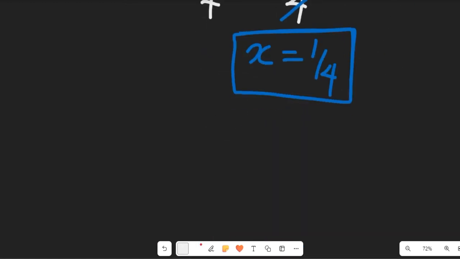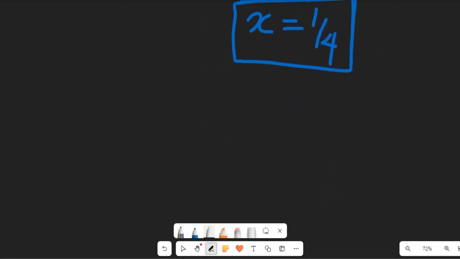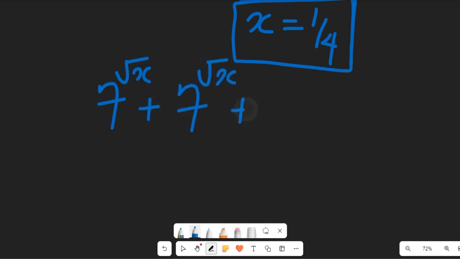Now let's try that. If we look at that, we are going to have that expression give us 7 to the power of the square root of x plus 7 to the power of the square root of x plus 7 to the power of the square root of x. Will all these be equal to 63 to the power of the square root of x?